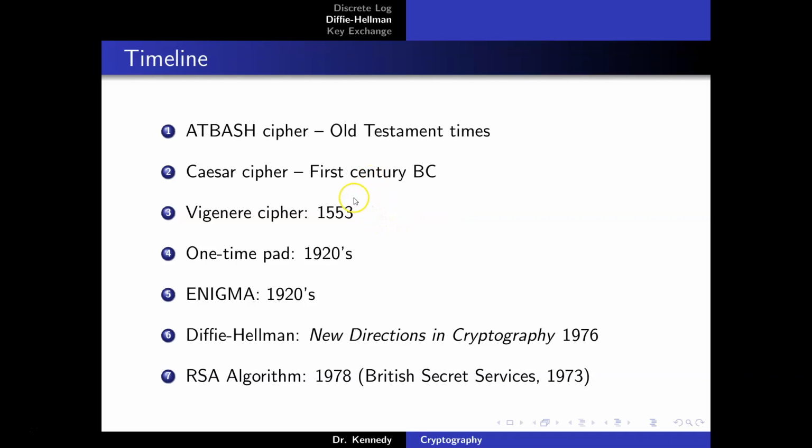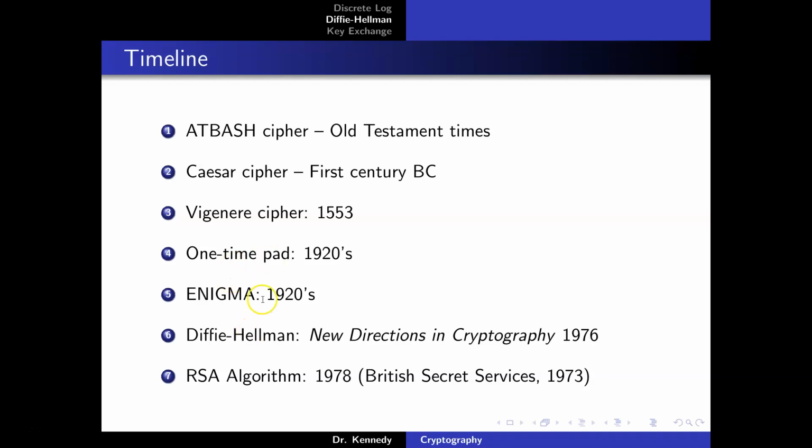Then there was a big jump with the Vigenère cipher in 1553. We saw the one-time pad is the ultimate secure cipher. It's the Vigenère twisted to be incredibly long and incredibly random, and remains today basically the only unbreakable cipher out there.